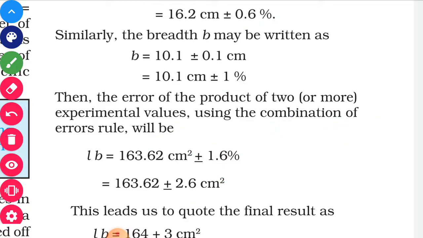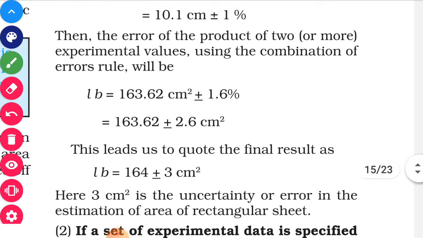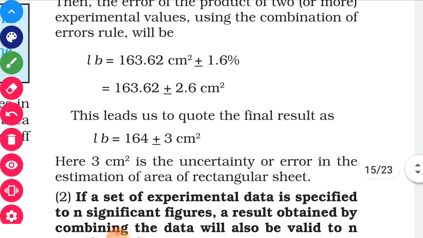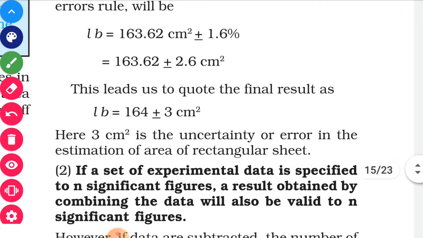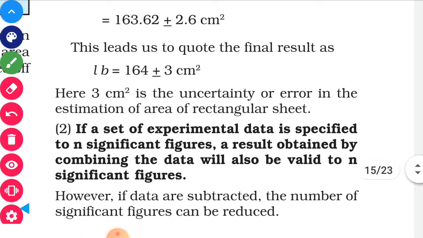This leads us to quote the final result as: now 2.6 is rounded off to 3 and 163.62 is rounded off to 164. So the area is 164 plus or minus 3 centimeter square.